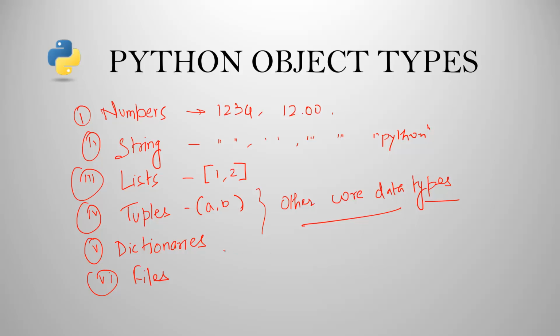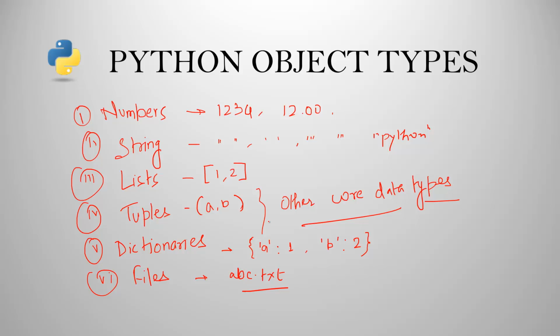Dictionaries can be written within curly brackets like this. And files are files like abc.txt or anything. Any file can be treated as a file object.